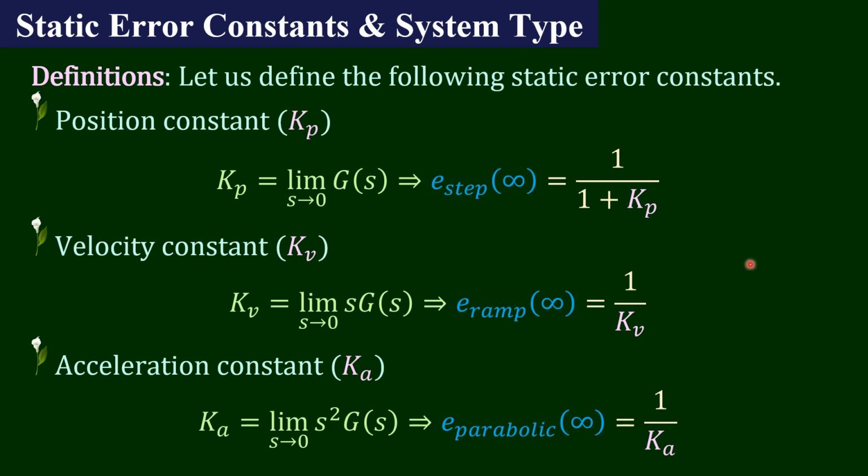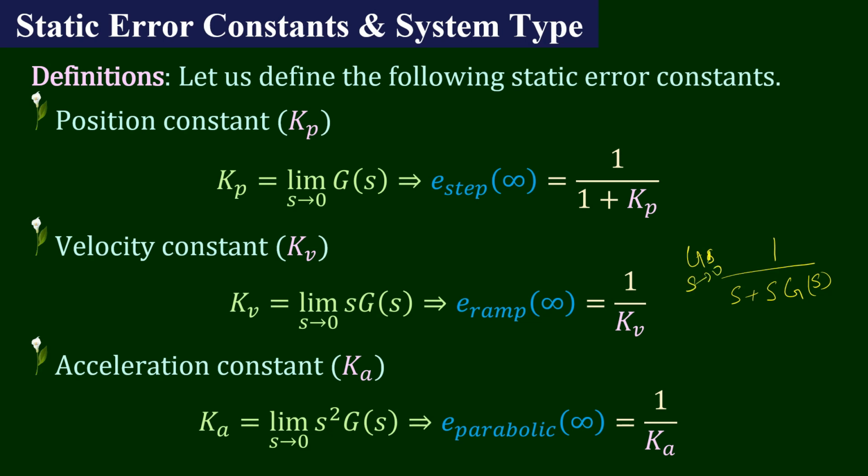Because fundamentally when you write the equation it will become somehow like this. It will be 1 over s plus s g of s, limit s tends to 0.